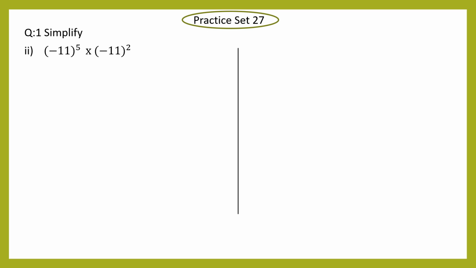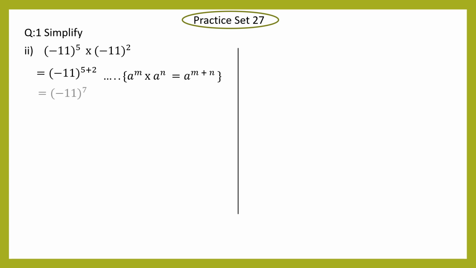That is, the base is minus 11. And the powers are different, and in between we can see a multiplication sign. So whenever we have a multiplication sign, powers will be added. So the next step will be minus 11 raised to 5 plus 2. So the law of indices which is applicable in this is a raised to m into a raised to n is equal to a raised to m plus n.